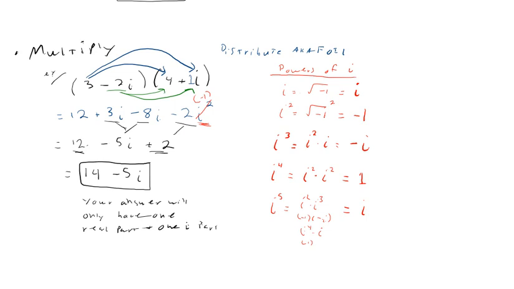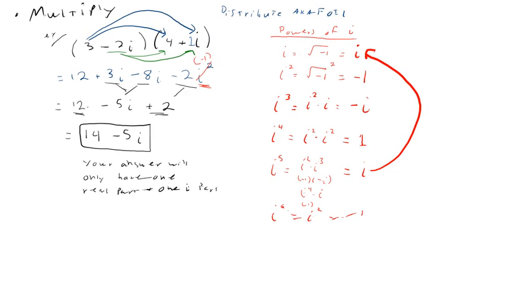And so here's the trick about powers of i. Once you get past the power of 4, you repeat back to the beginning, and your exponents repeat. So i to the 6th power is the same thing as i to the 2nd power, which is -1. Your pattern is going to repeat. After the 4th power, everything after 4 repeats back to i.